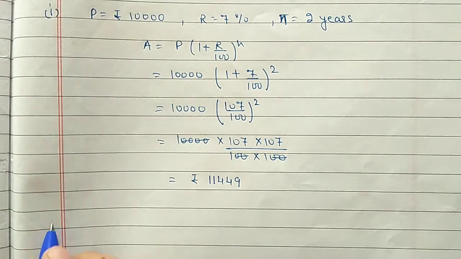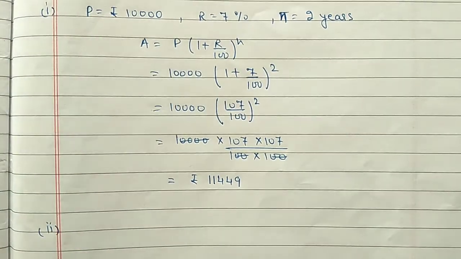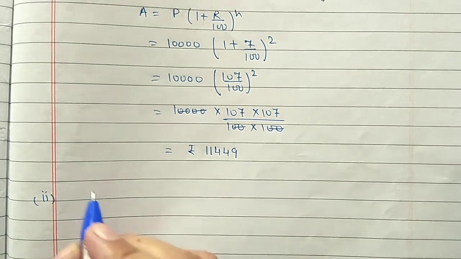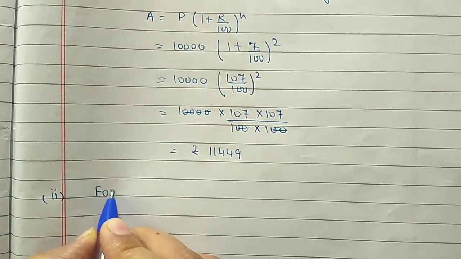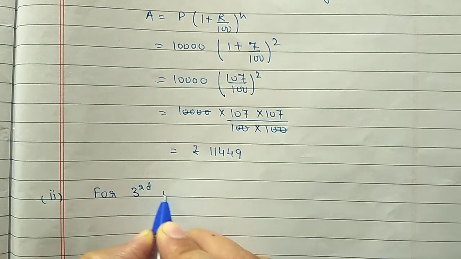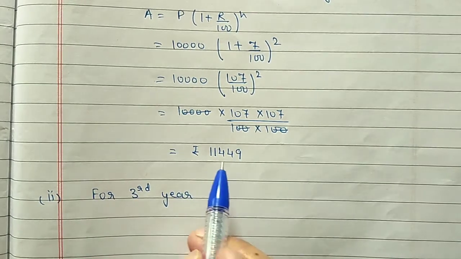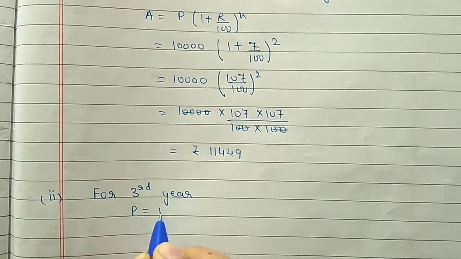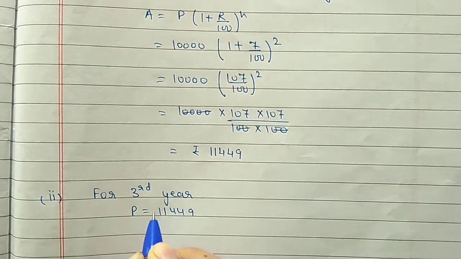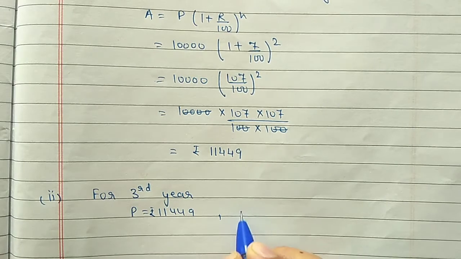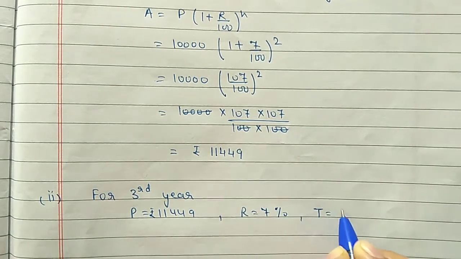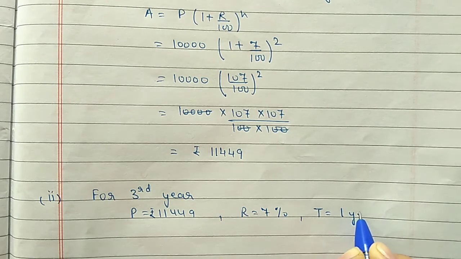Now second part, they ask here the interest for the third year. So only for the third year we have to calculate. So for the third year, this amount by the end of second year will become the principal for the third year. Rate of interest is given, 7%, and time only for the third year, meaning only for the last year, 1 year we will take here.